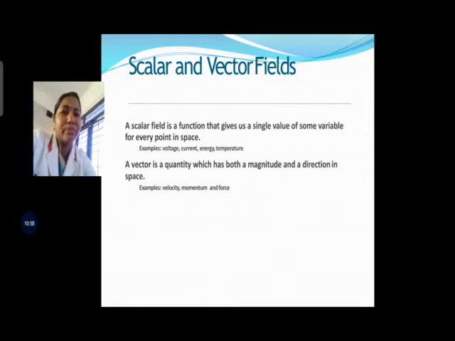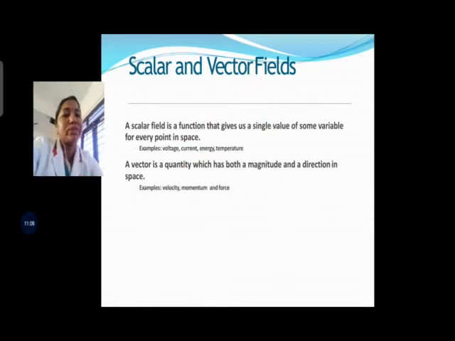Just some value means scalar. A vector is characterized by its magnitude and direction. If simply a number is written, like 7, 8, that is called scalar.